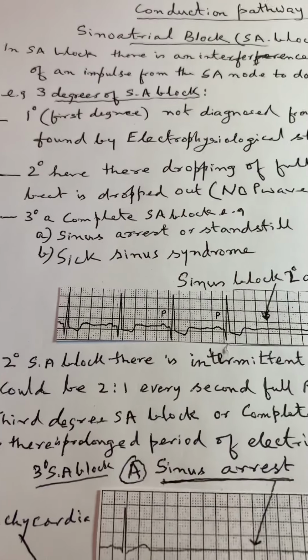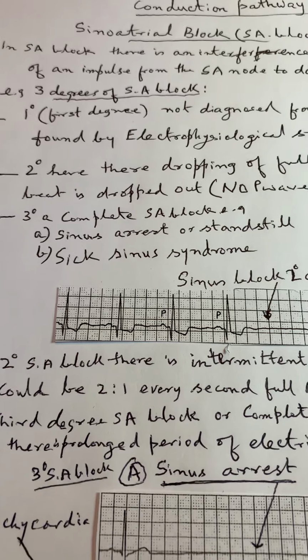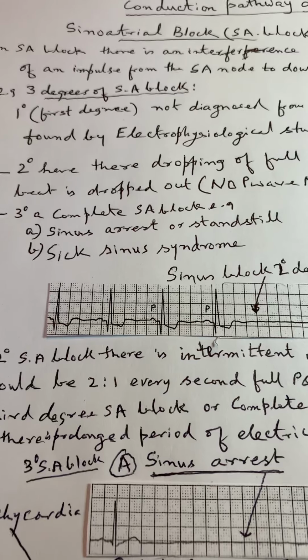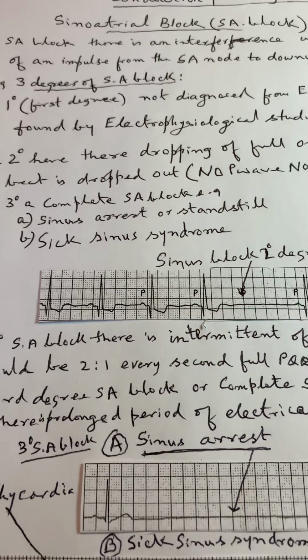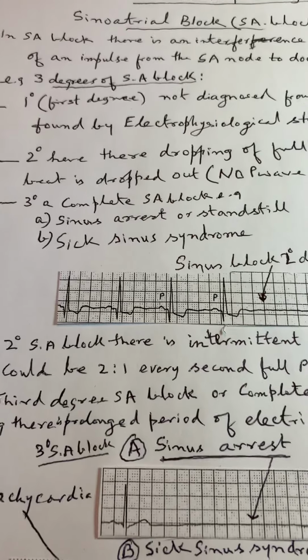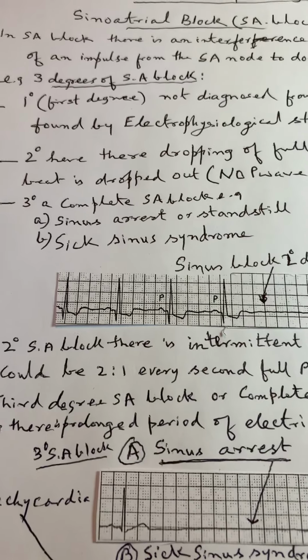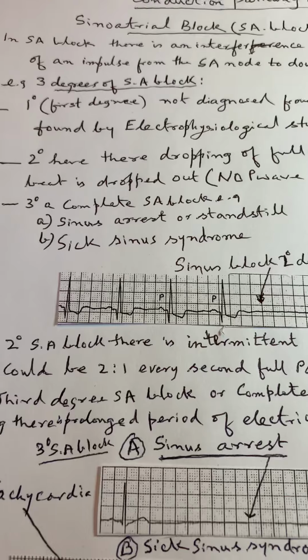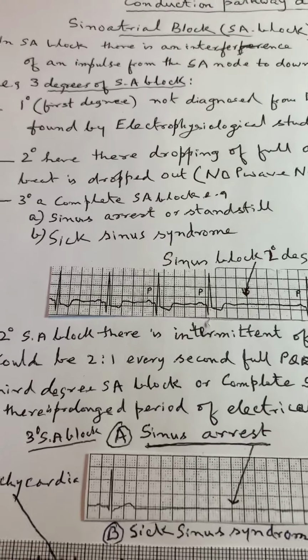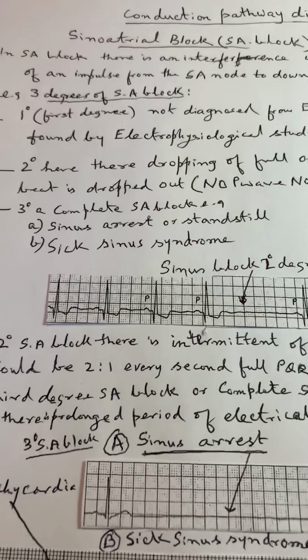Then comes the second degree SA block. Now there is a word which you will hear very often, that is heart block. When we talk of heart block without any qualification, that means AV block, atrioventricular block. But here we are discussing SA node block.